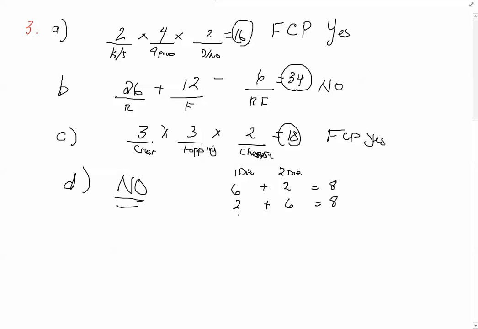We could have 4 and 4, and that would give us 8, and we can have 5 and 3 and 3 and 5. And so we have 1, 2, 3, 4, 5 ways that we could roll two dice and get a sum of 8.